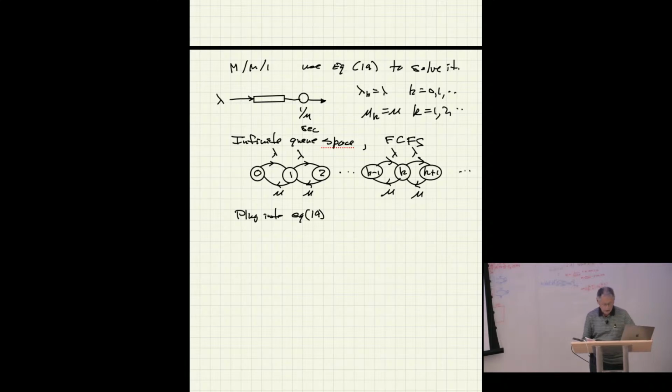And what are we going to get? P_k equals P0, yet to be found, times the product of birth rates divided by death rates, going from 0 up to k minus 1, of lambda_i, which is lambda, over mu_(i+1), which is mu. And what is that? That's simply P0 (lambda over mu) to the k. And that's for k greater than or equal to 0.